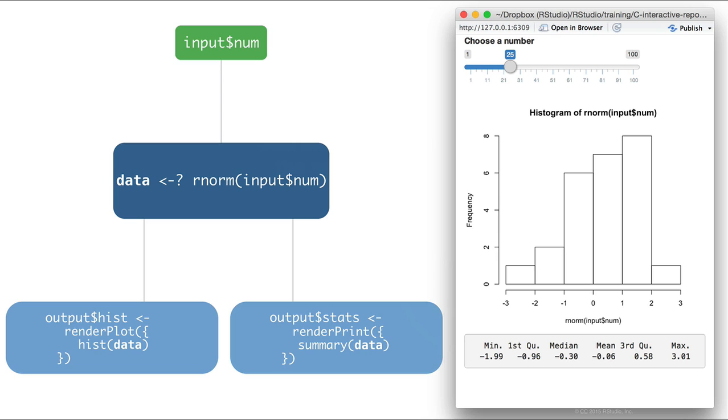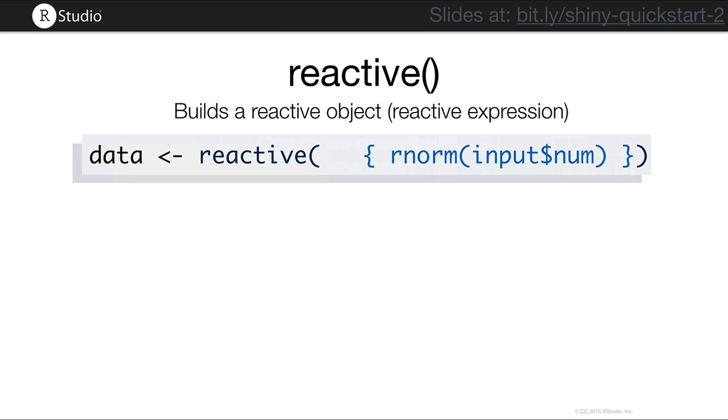First of all, rnorm(input$num) does contain a reactive value, so we need to use a reactive function to work alongside that value. And second of all, we want this data set to do something specific. It's going to get notified by input$num when it becomes out of date. We want it to pass on that message to things that depend on it, that they too are out of date. So these jobs are what you can do with the function reactive that occurs in Shiny.